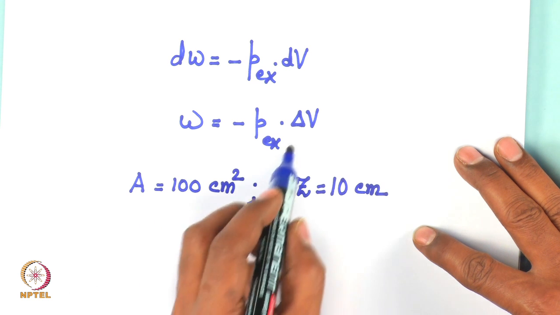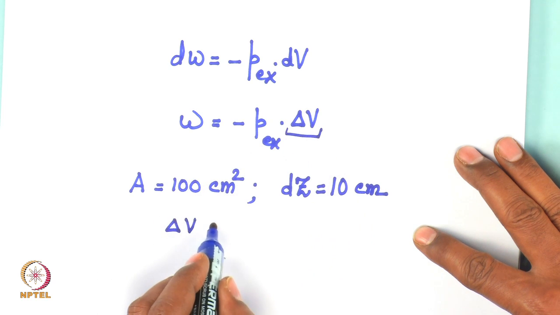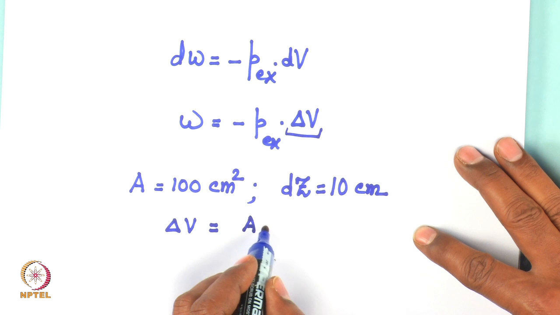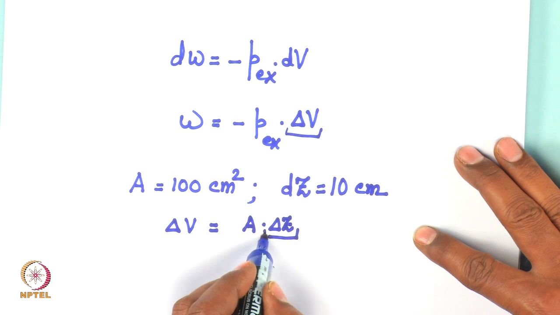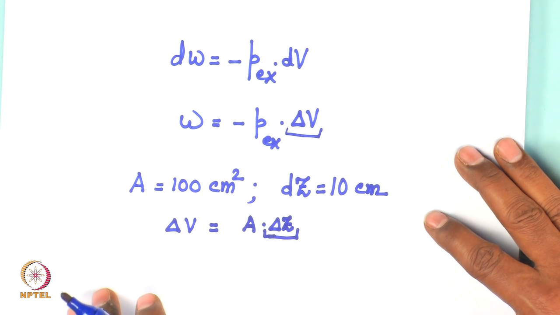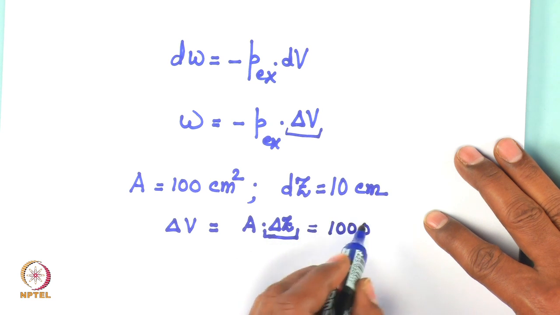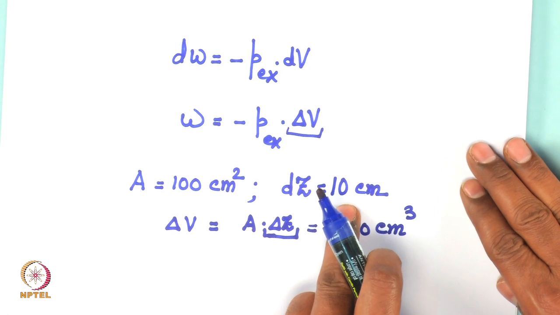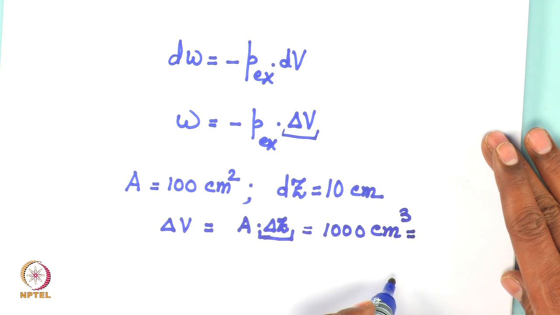Therefore, the change in volume delta V will be equal to area into the distance moved, which is 100 into 10, 1000 centimeter cube, which is equal to 1 liter.